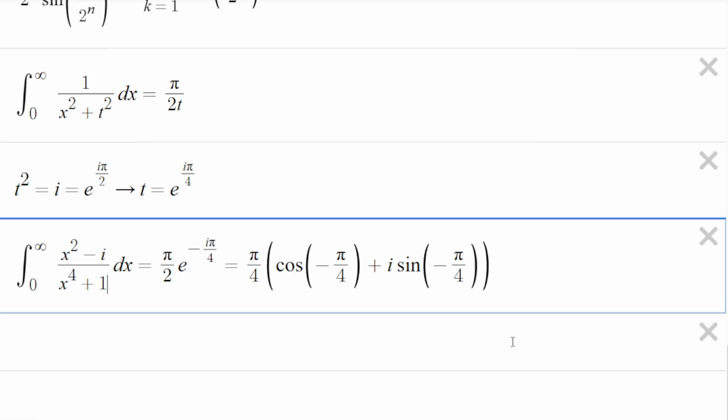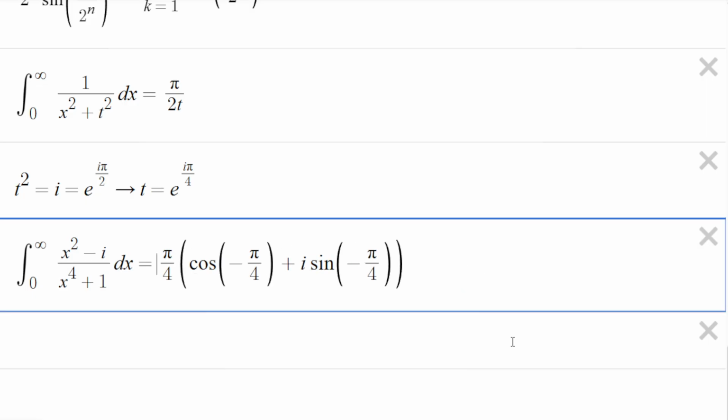And now we can take the real and imaginary parts of both sides of this equation, and in fact I'm going to eliminate that middleman there and use the fact that cosine of negative pi over 4 is just cosine pi over 4, and sine of negative pi over 4 is negative sine pi over 4. So we'll bring this out, and now we're going to match up the imaginary parts on both sides.